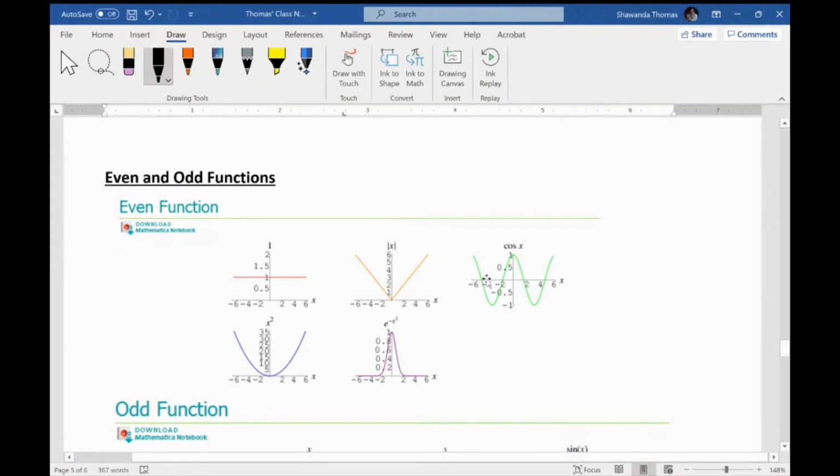Notice what's different about these. They are symmetric in that if you fold it in half across the y-axis, wouldn't they be mirror images of each other? Y'all see, couldn't you just fold it right across the y-axis and it's symmetric about the y-axis?